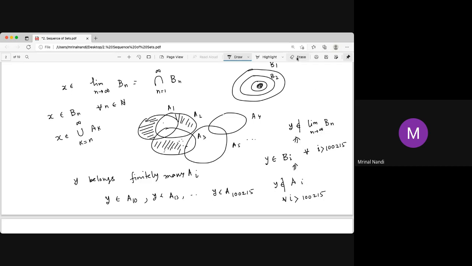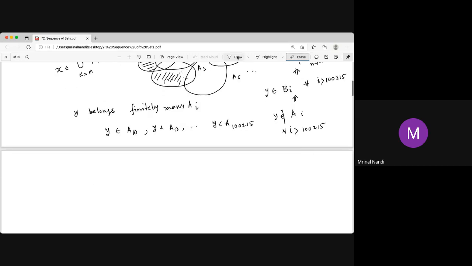Now if y belongs to infinitely many Ai, what happens? Say y belongs to A1, then y belongs to A5, then y belongs to say A10, and it does not stop.